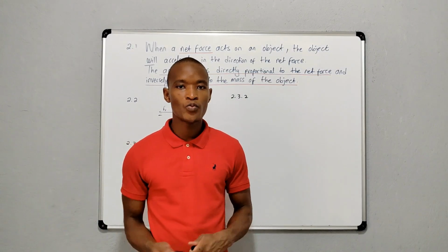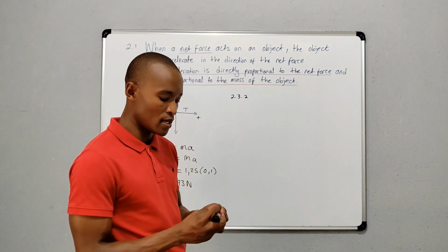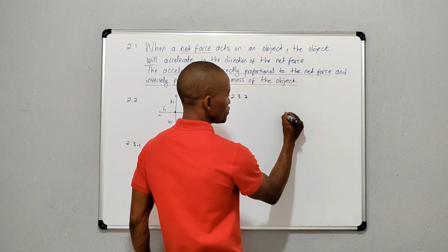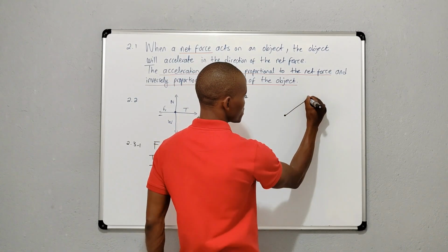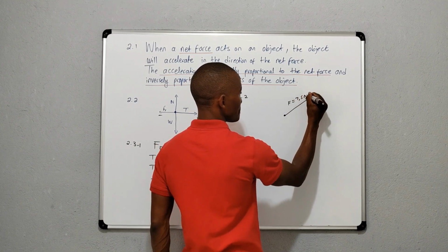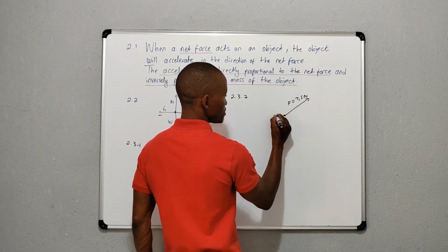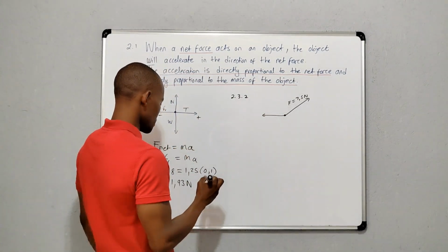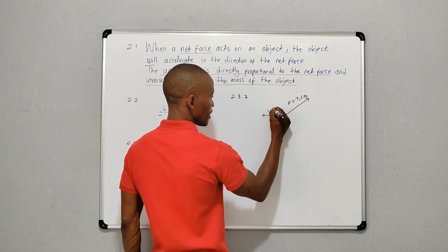For 2.3.2, we may need to draw the free body diagram for crate Q here. We're not asked to do that, it's just a frame of reference. And here we have the tension, 1.93.